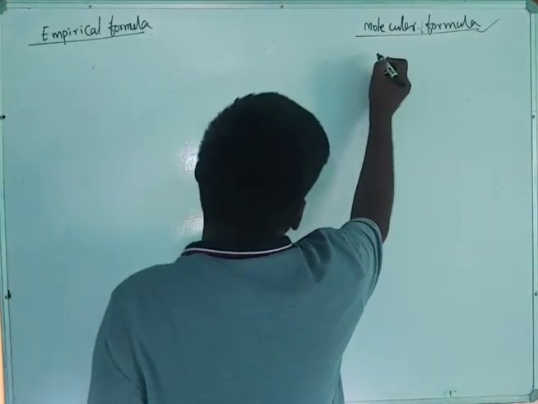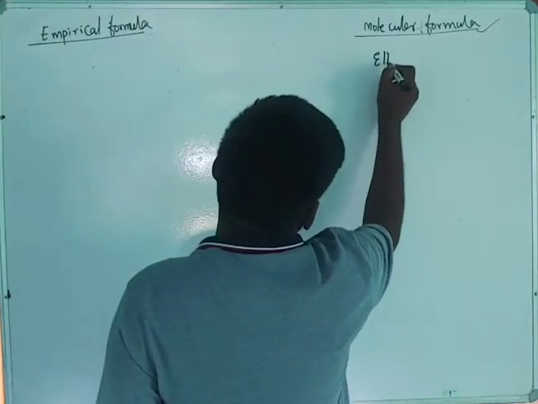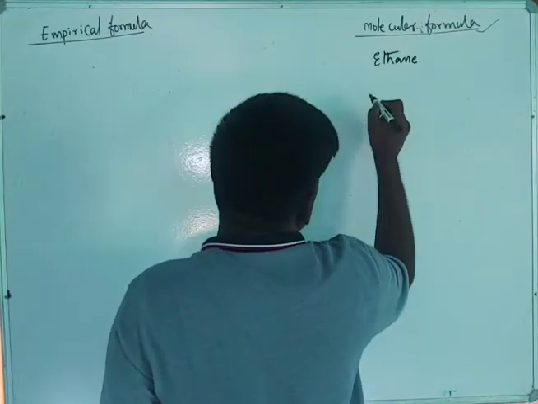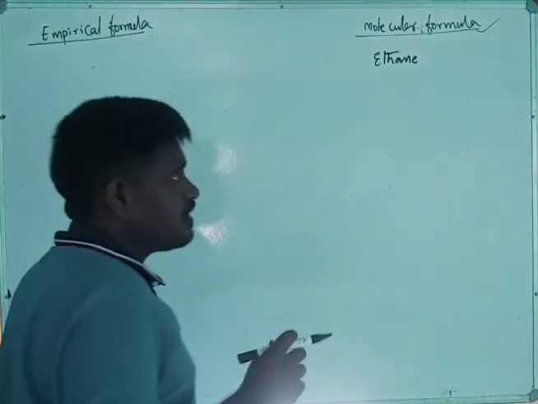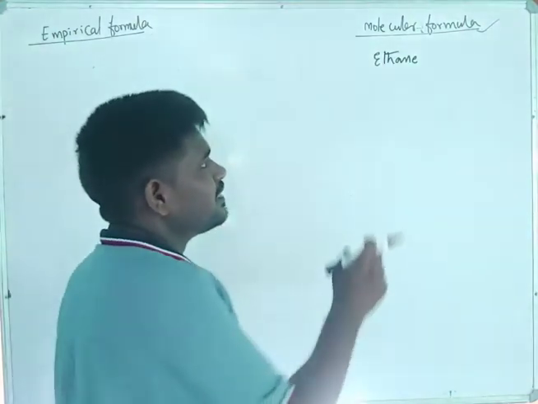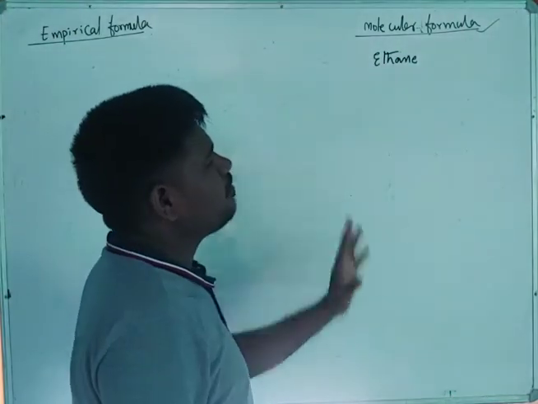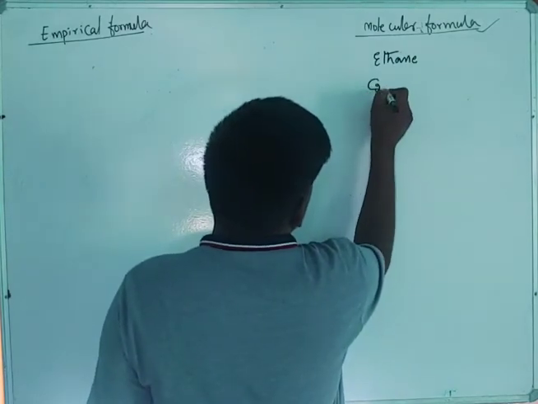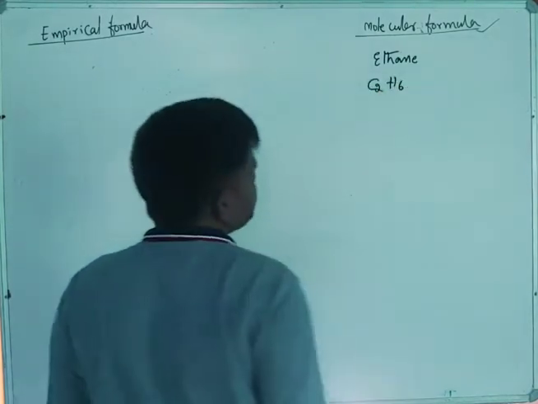Let me take ethane compound. Now in ethane compound, if I mention all the atoms in the ethane molecule, it will be its molecular formula. So I am taking here C2H6.